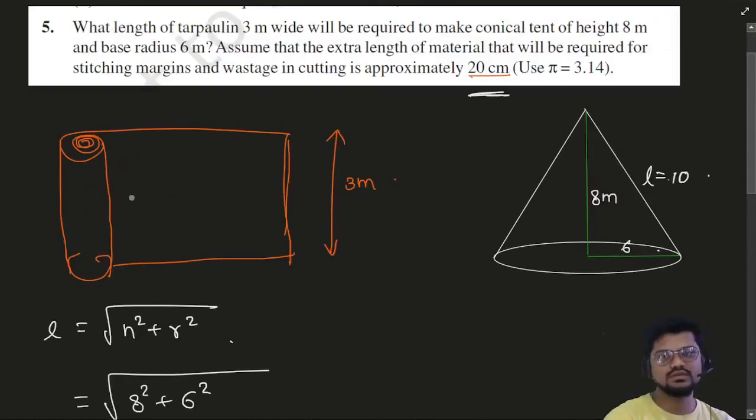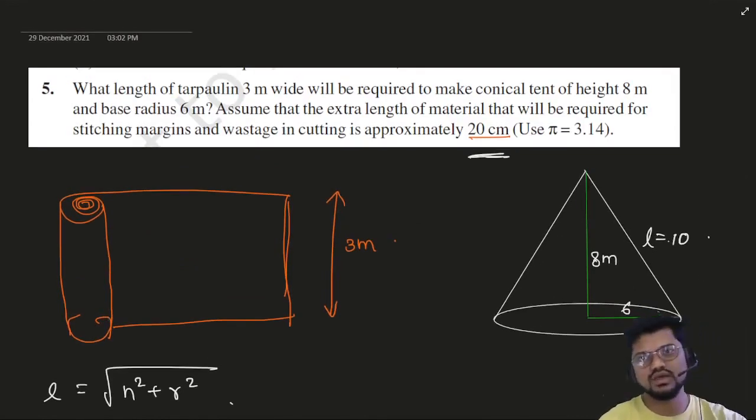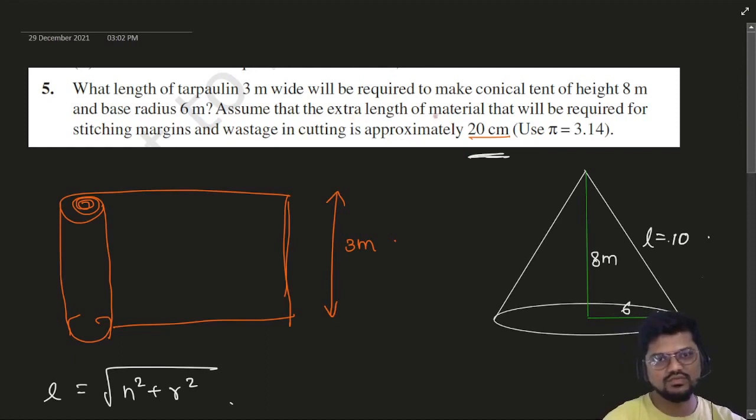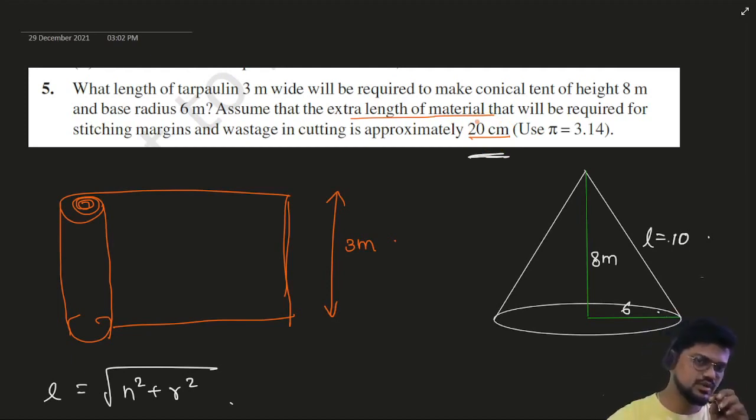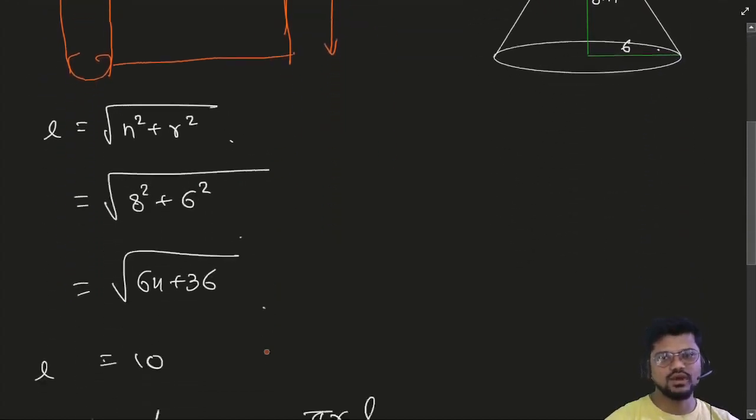Now they have given a different thing: assume that the extra length of material required for stitching, margin and wastage in cutting is approximately 20 centimeter. This 20 centimeter is extra required for stitching and all, right? So what will be the length required?